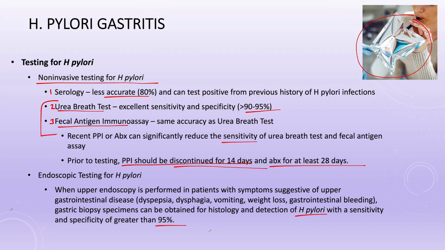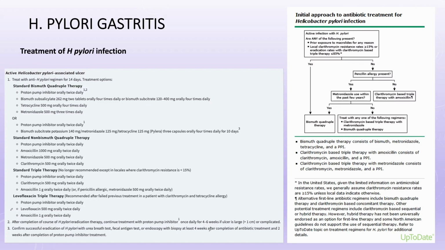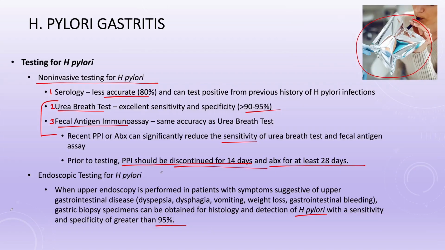So most of the time, what we do for treatment is either the urea breath test or fecal antigen, depending on what we have readily available in the office or what the patient wants to do. Some patients don't like collecting their stool. We do that. If it comes back positive in a patient with no alarm symptoms and no other risk factors, we treat them.